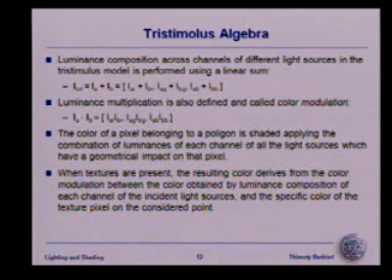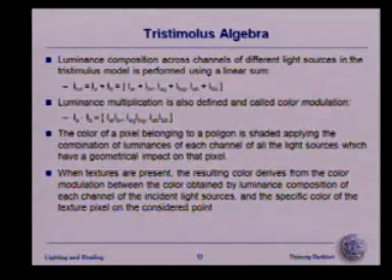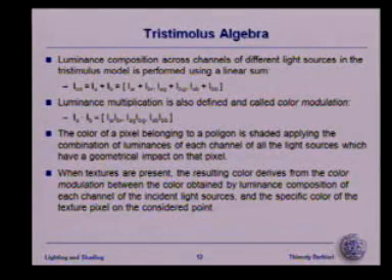Modulation is used in computer graphics when you're summing the color of a material with the color of a texture. For example, you have a red object and you put over it a texture with yellow things. What actually comes out is that the color of the texture gets modulated with the color of the object. This modulation is calculated like this.